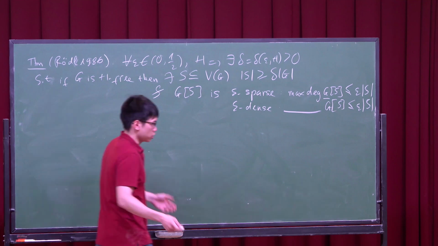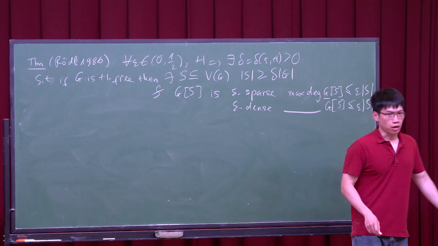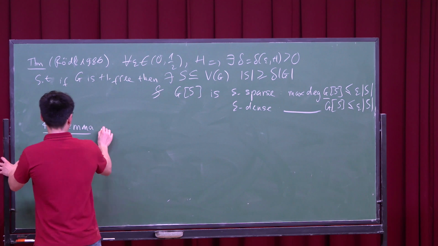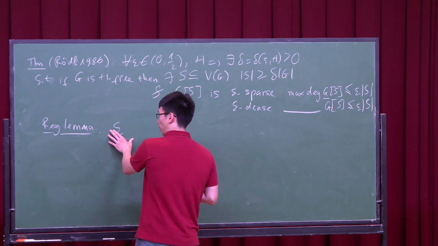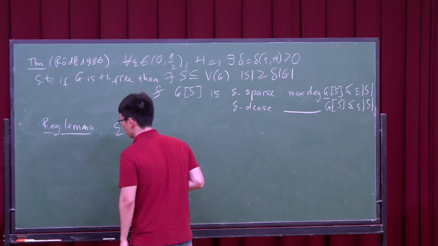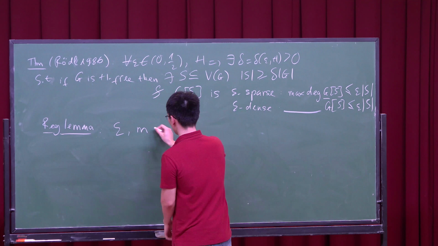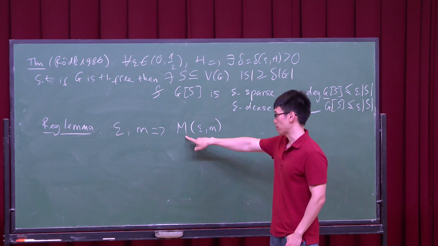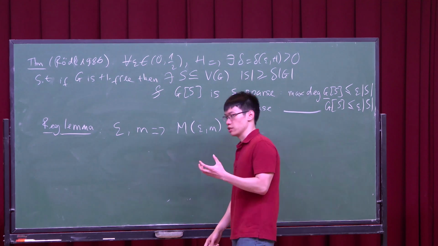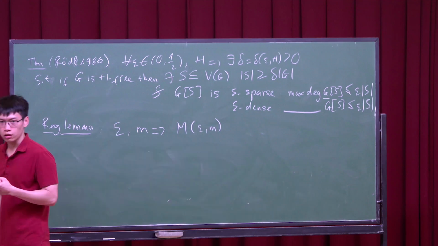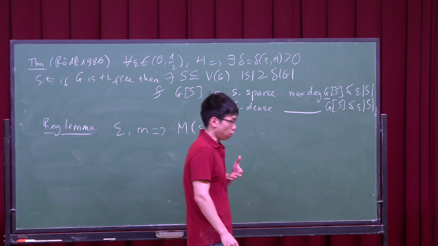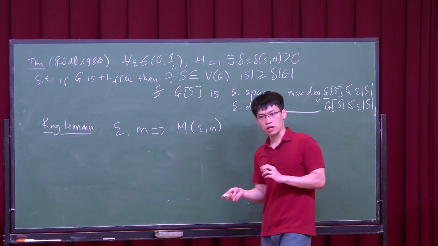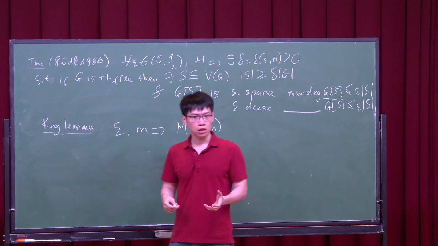It says, given any density parameter epsilon, a regularity parameter epsilon in the lower bound and on the number of parts, you can output a big number M depending on epsilon and small m, such that in any host graph G you can partition the whole vertex set of G into at most big M and at least small m number of parts, such that all but an epsilon fraction of the pairs are epsilon regular.